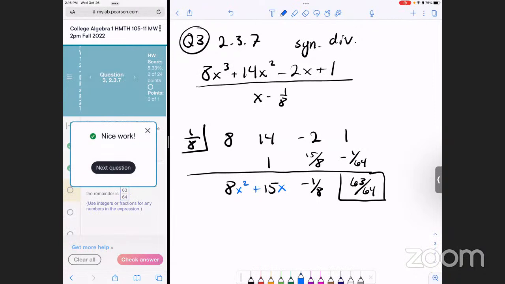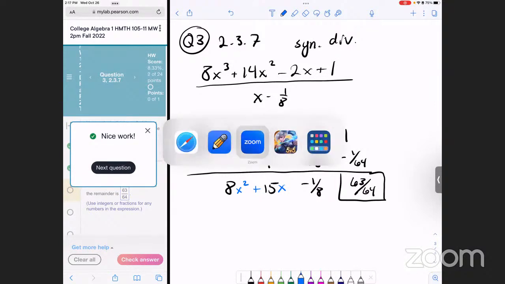Let me check Zoom. Let me check you guys in Zoom. How did everybody get booted?